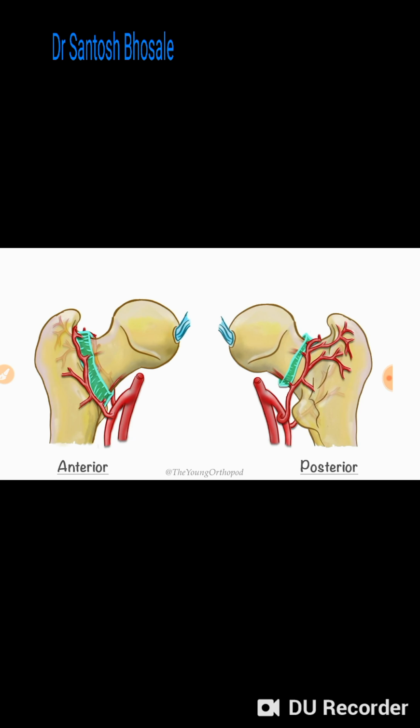These branches will pierce and supply the remaining part of the neck, and these branches are called retinacular arteries. These are the retinacular arteries which form a series of arteries. These are anterior, posterior superior and posterior inferior.